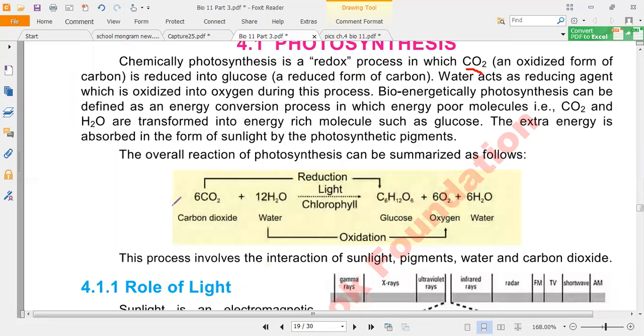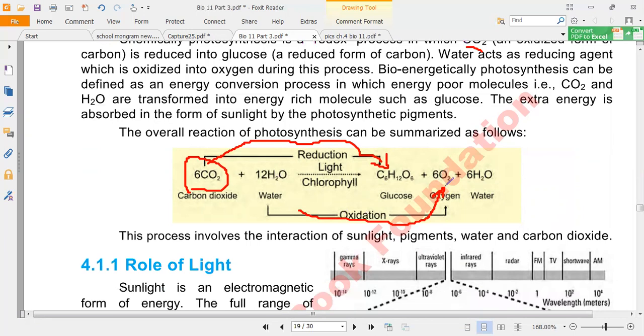You can see in this equation that carbon dioxide is in the oxidized form, but by the reduction of this carbon dioxide, glucose is produced, that is C6H12O6, and water is present in the reduced form, and oxidation of water produces oxygen. Oxygen is removed from the plant's body through the stomata, as well as water by transpiration, and that oxygen is used for inhaling.